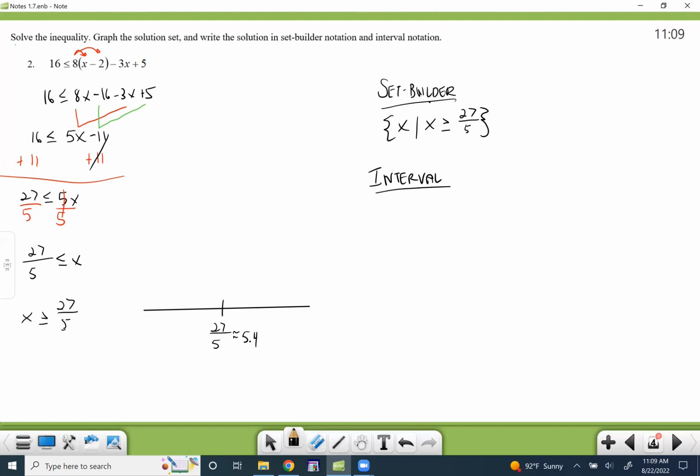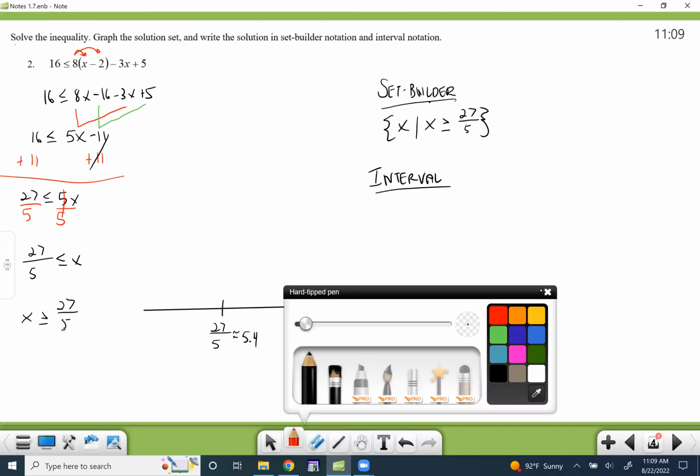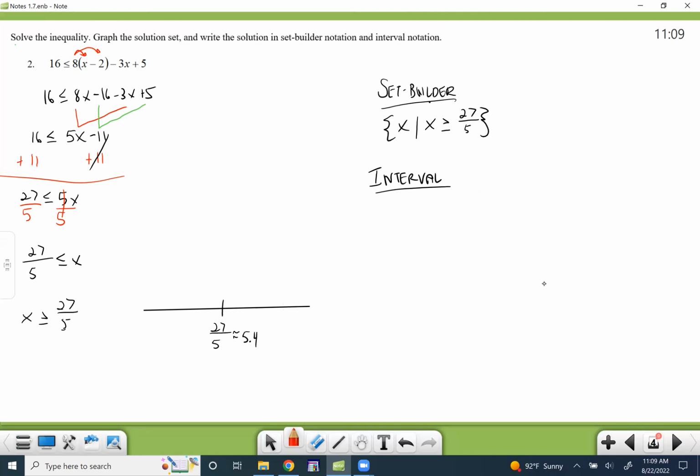It's going to, let's shade, I forgot to shade, huh? So since it's x is greater than 27 over 5, we're going to go to the right. That's where the greater numbers are. Because there is a line underneath, we're going to make it a square bracket. So for the interval notation, it's going to be square bracket 27/5. That's the number furthest on the left. And furthest on the right, well, it just keeps going to the right forever. So it's going to be infinity.